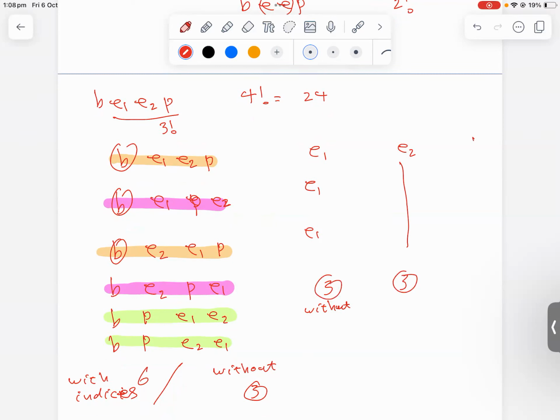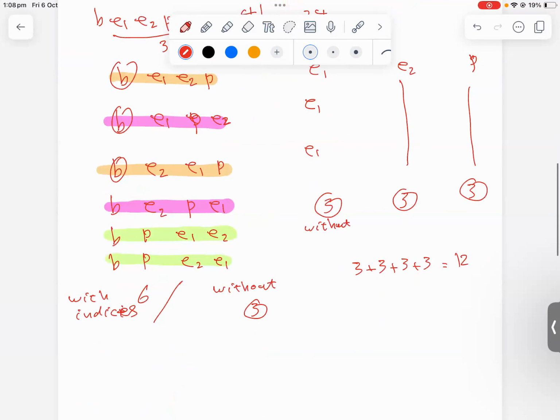And if I fix P as the first letter, I will have 3 different words without indices. So in total I will have 3 plus 3 plus 3, which gives me 12, which is compatible with the formula.